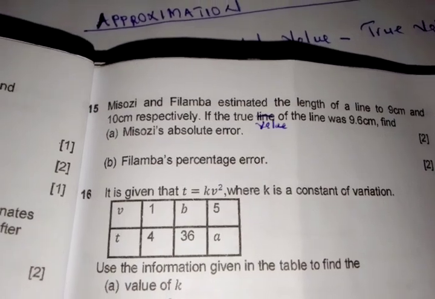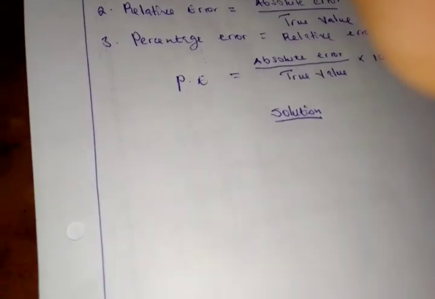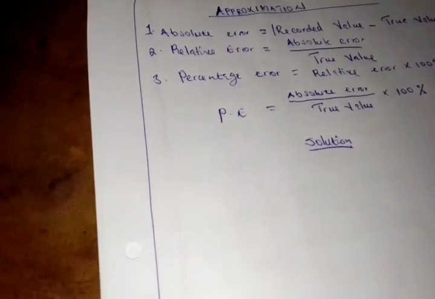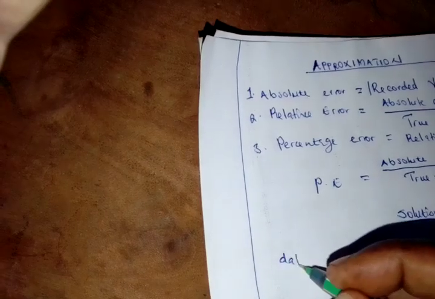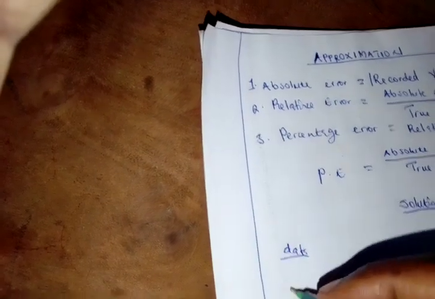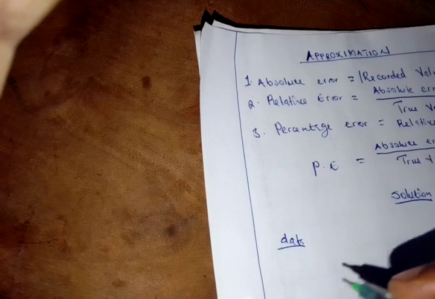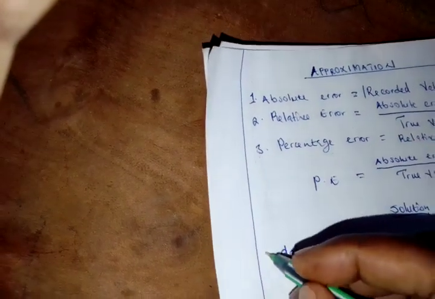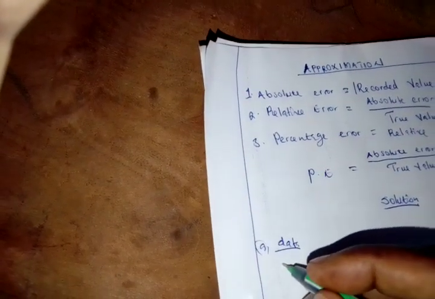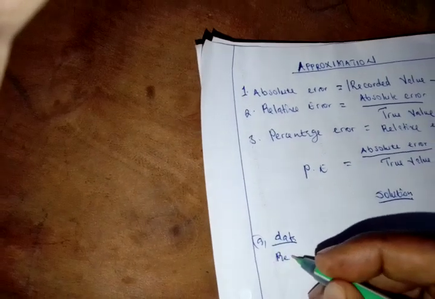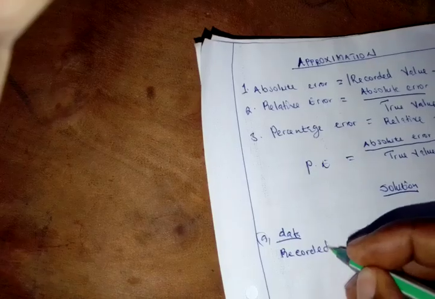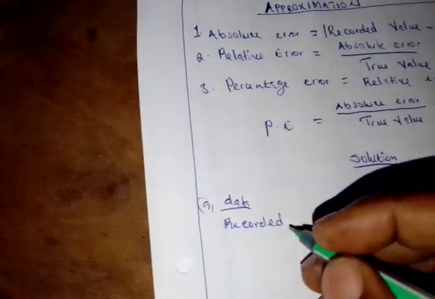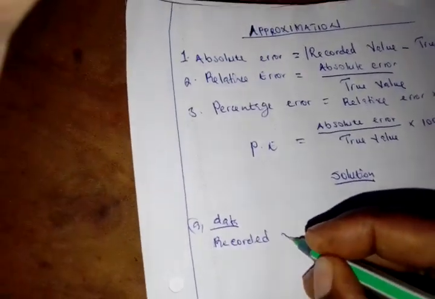So let me put this question aside so that we start answering it. Let's have our solution here. We can make a data section this side. We're answering question A. According to this data, what Misozi estimated, we're going to call the recorded value.